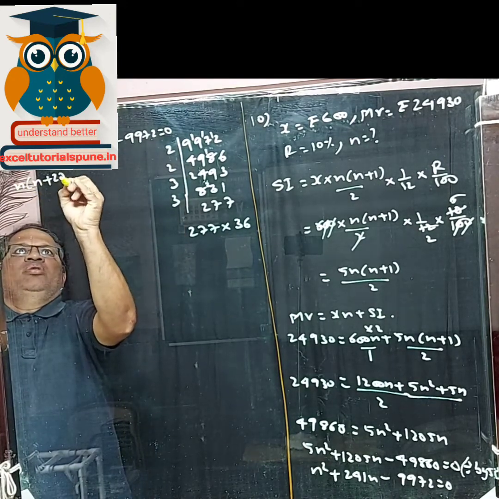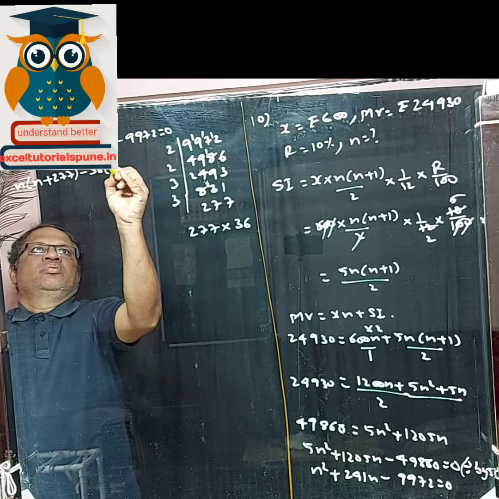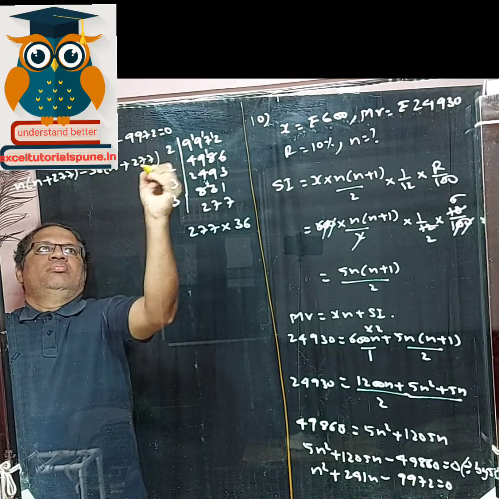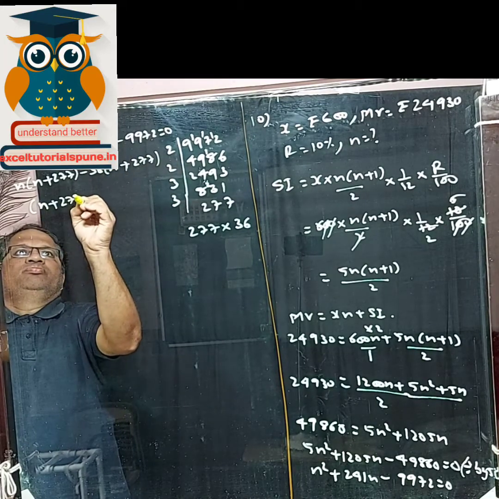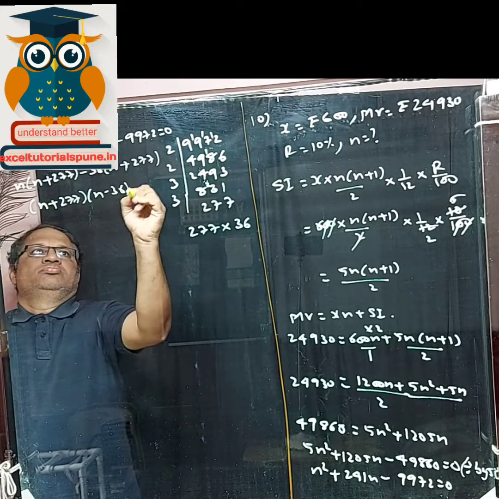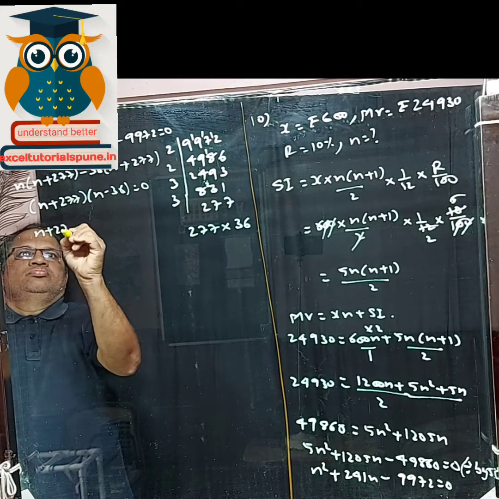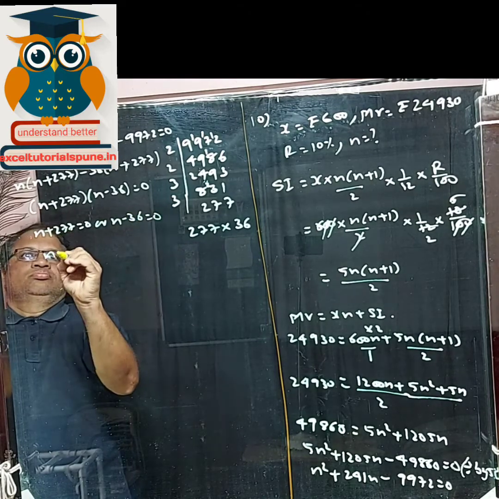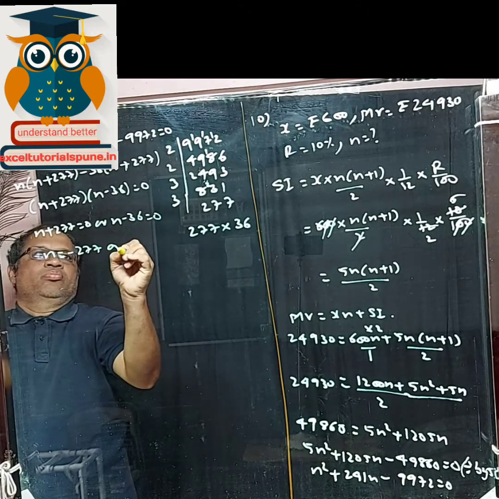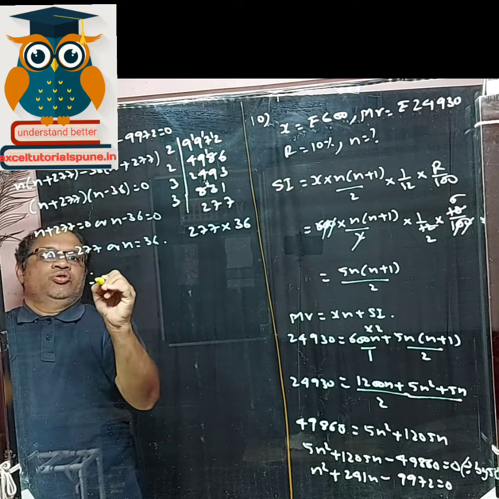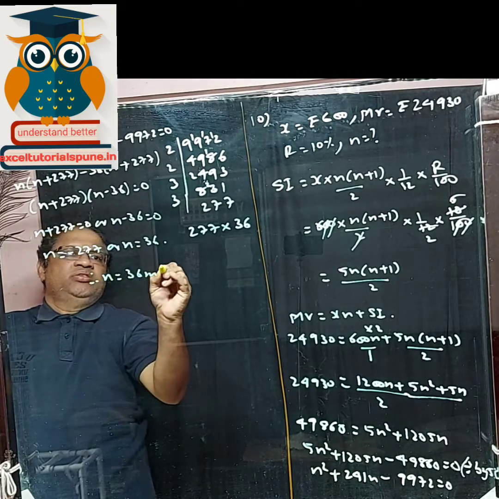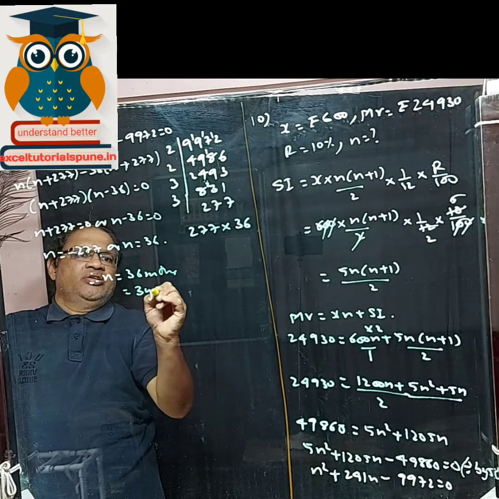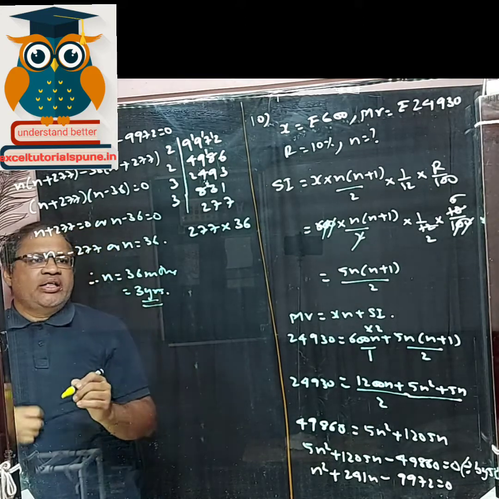So take n common. So n is coming to 36 months. That is 3 years. Alright, so that's your answer.